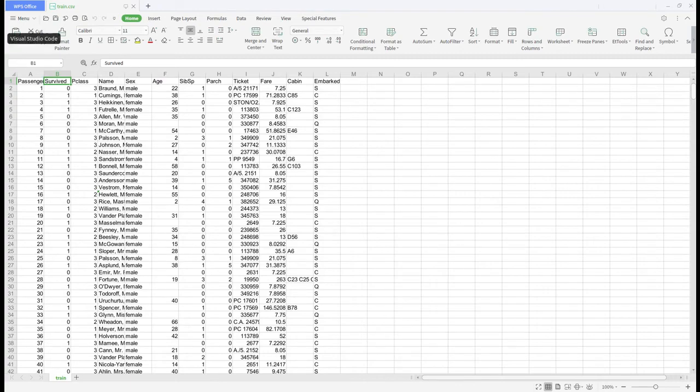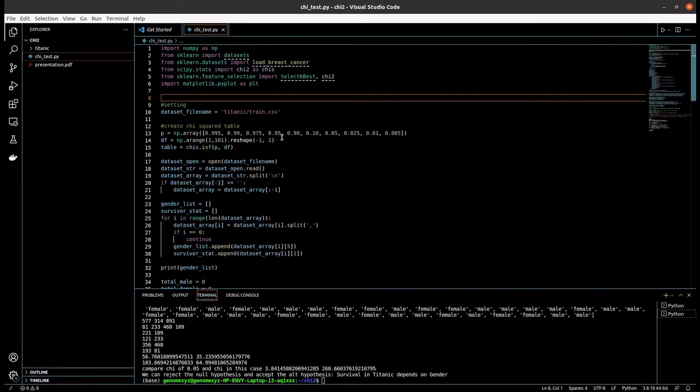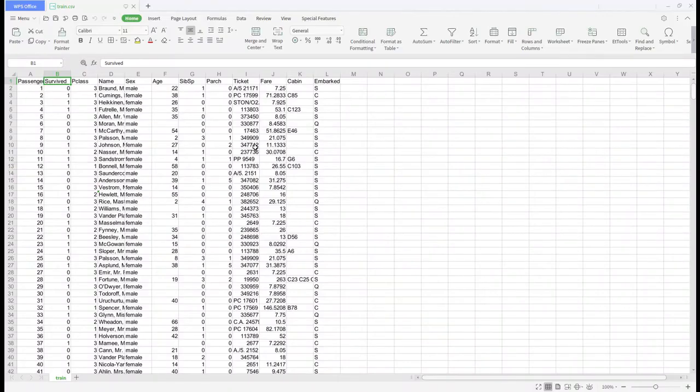And for this data, I want to ask: for the null hypothesis, let's say gender doesn't affect, or is independent of, survivability.